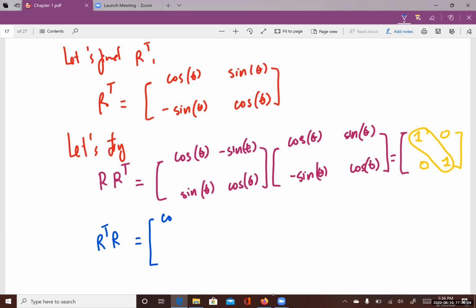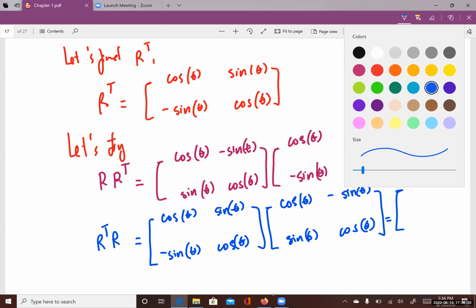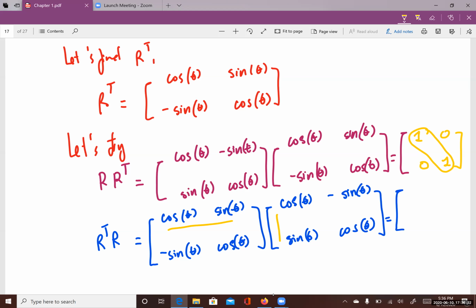So R transpose would be cosine theta, sine theta, negative sine theta, cosine theta, times R, which is cosine theta, negative sine theta, sine theta, cosine theta. Okay, see what we have here. First row, first column, you have cosine times cosine and sine times sine, which is cosine squared plus sine squared, which is 1. Good news.